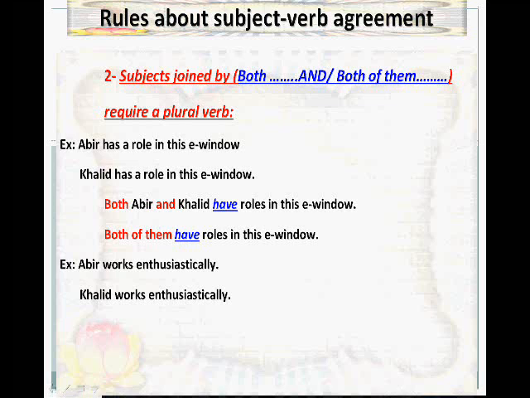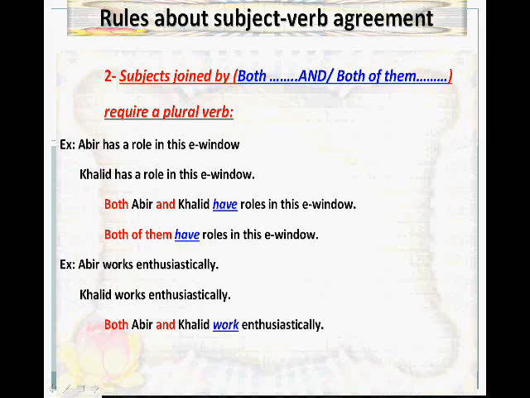So both Abir and Khalid work enthusiastically. And here, note the difference between works and work. Remember we said verbs with S mean singular because I have here the subject Khalid, singular. And here work without S means plural because I have both and.